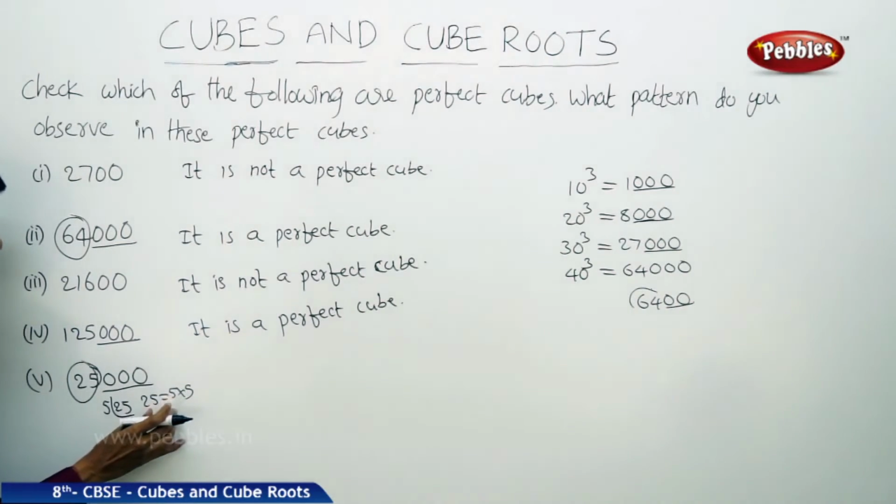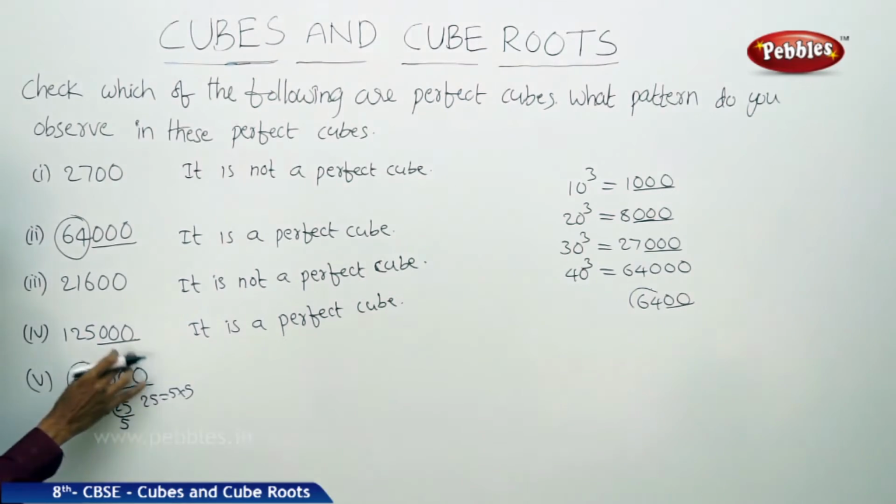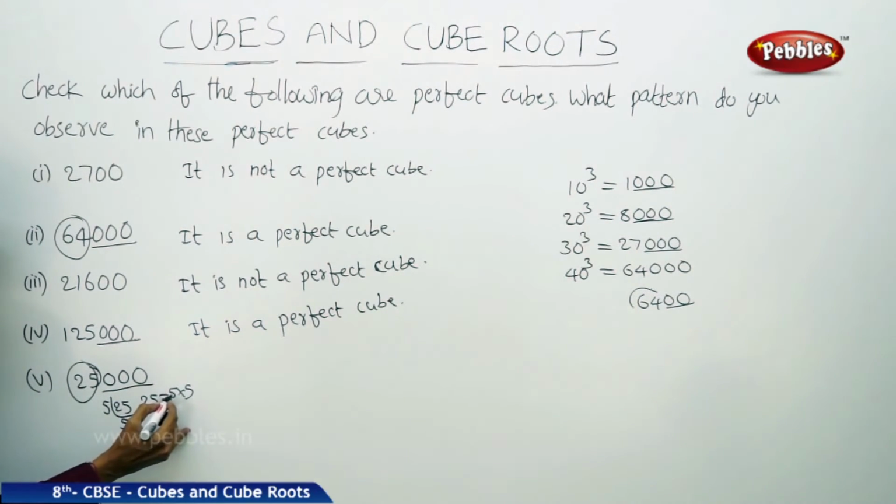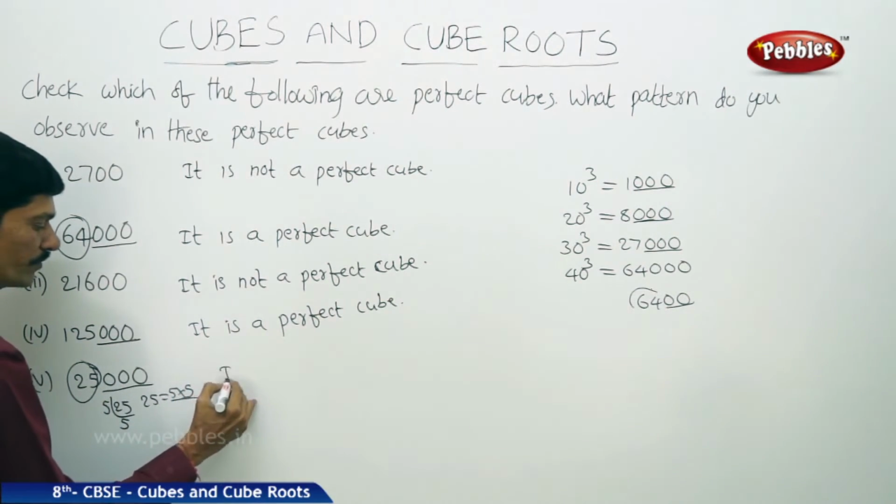So here the prime factor 5 appears only 2 times, but not 3 times. So even though it is ending with 3 zeros, the remaining digits 25 have prime factors appearing only 2 times, not 3 times. So it is not a perfect cube.